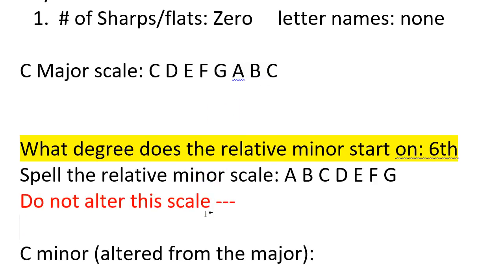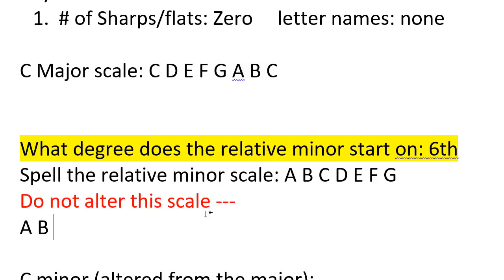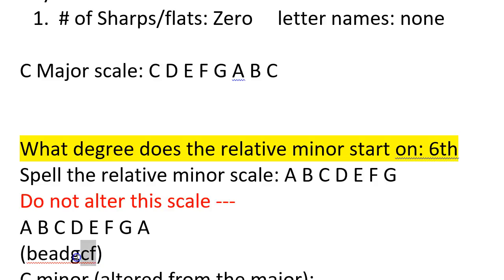So just for some extra knowledge here, A, B, C, D, E, F, G, A has 3 sharps. If you have 3 sharps, thinking back to your previous knowledge, that's going to be B, E, A, D, G, C, F. So the sharps are going to be F, C, and G. Make that red. So you have to make those letters sharp.